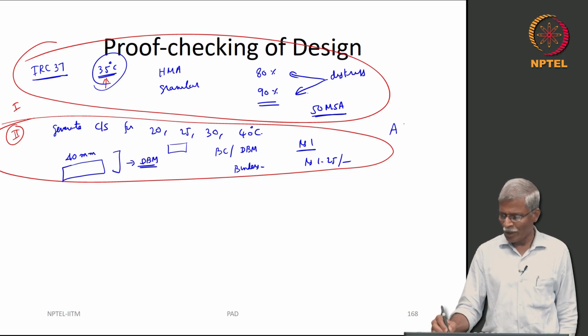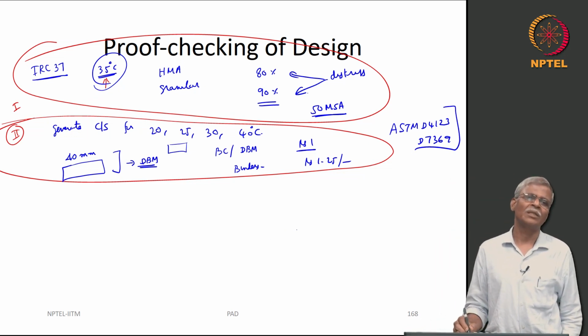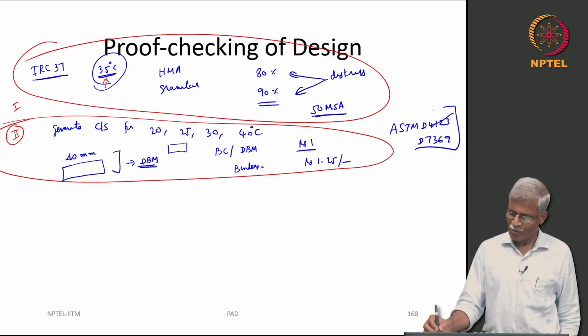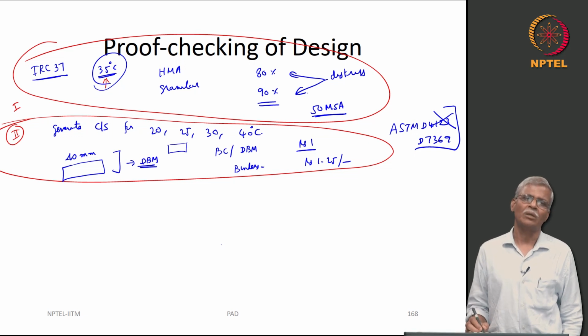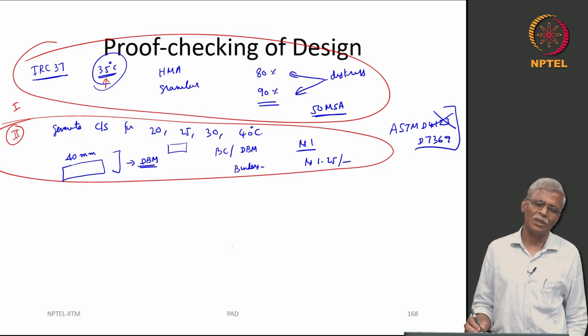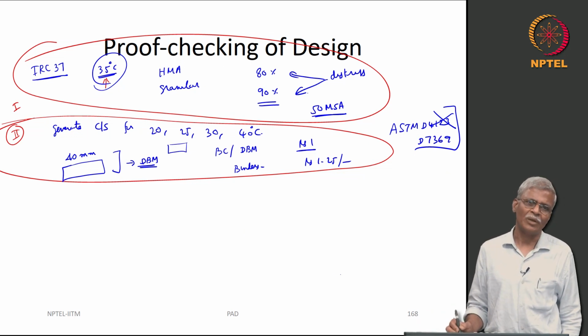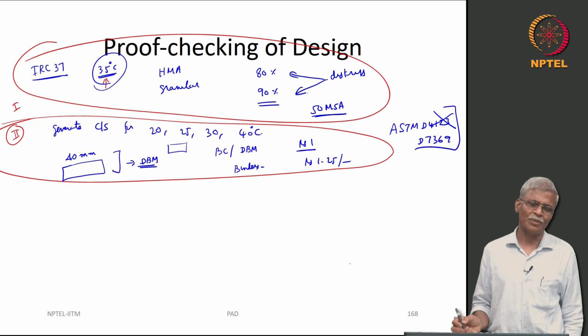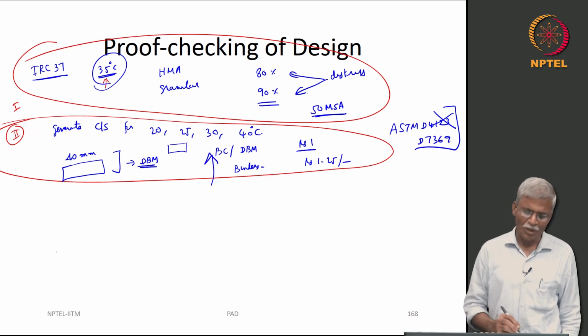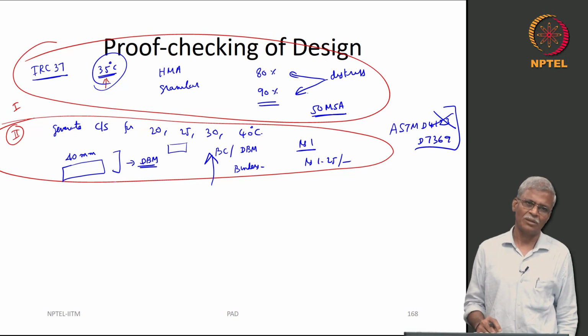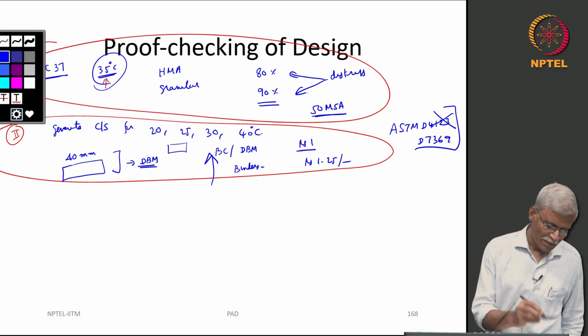And again, you also need to understand that ASTM D4123 or ASTM D7369 do not measure the resilient modulus in the same way. ASTM D4123 is withdrawn, it cannot really be used for measuring, but however, if you measure it, look at the modulus values that are available for BC separately, DBM separately, and use them also in your simulation. So, you will be getting a lot of interesting thicknesses. This could be the second exercise.